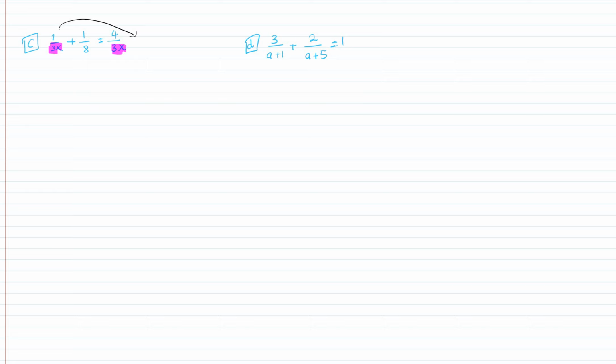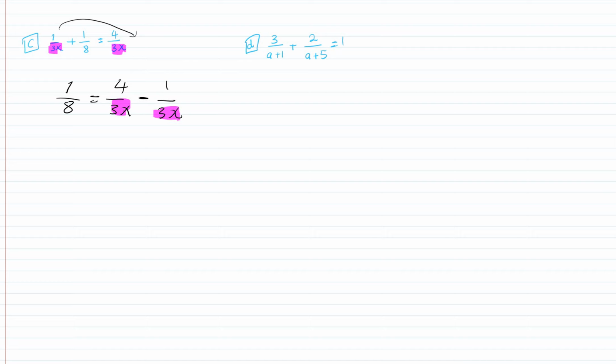So without finding, this is easier. So let's move 1 over 3x to the other side. Only 1 over 8 is left here, equals 4 over 3x already on the right side. When you move 1 over 3x to the other side, it becomes negative 1 over 3x. Right now, do they have a common denominator?